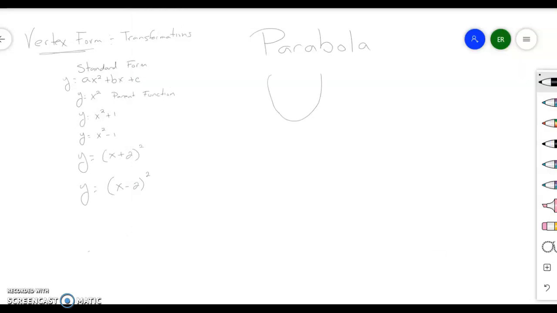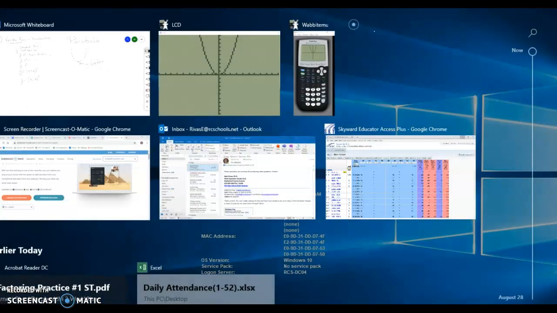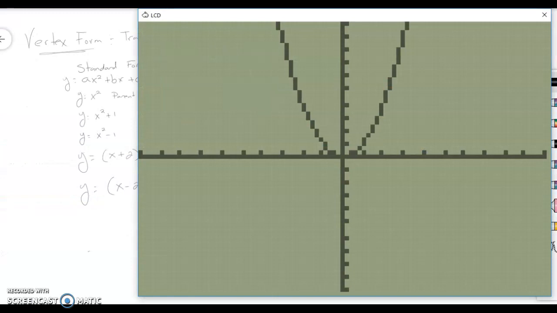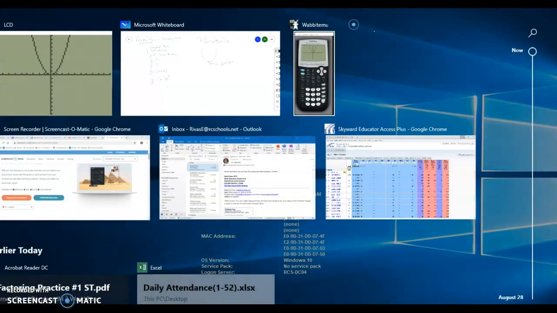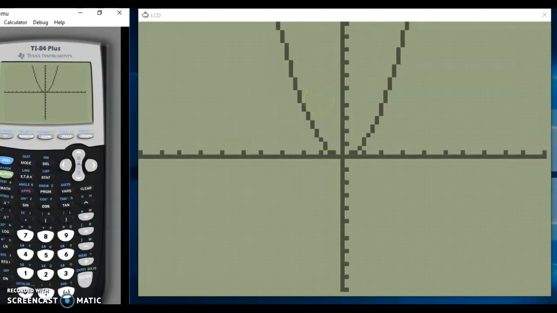So from a note-taking standpoint, we would have a point all the way down there, and that is called the vertex. Now, vertex, of course, is a point, so it has coordinates that would be able to locate it. Okay, so starting from that is our parent function. So anytime we talk about x squared and the movement of this graph, we're starting from this point right here.